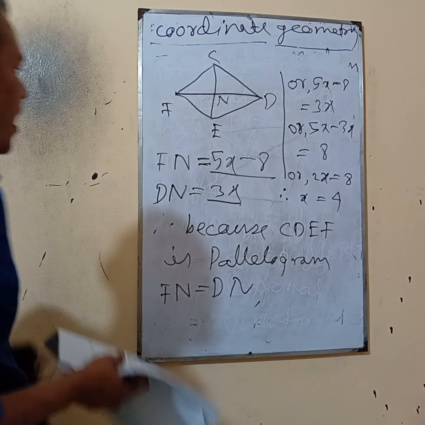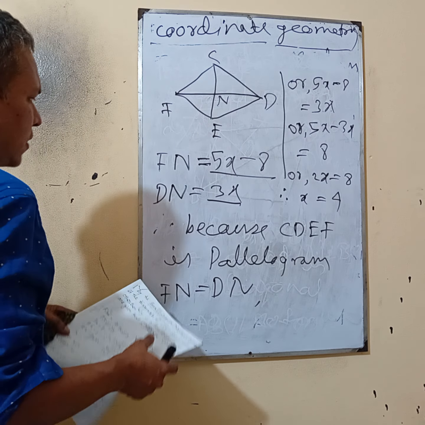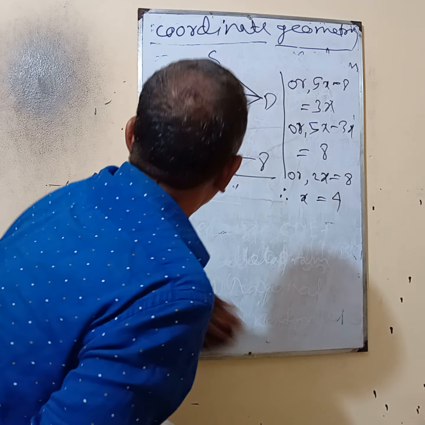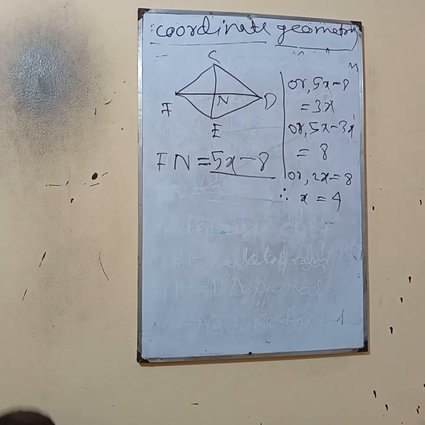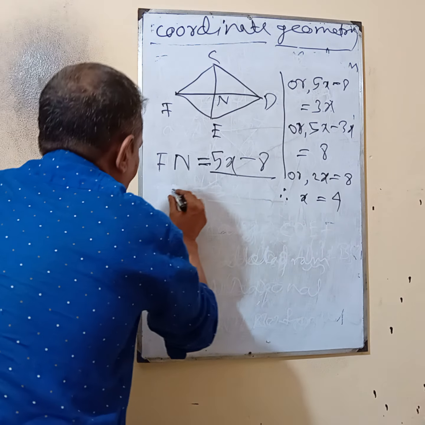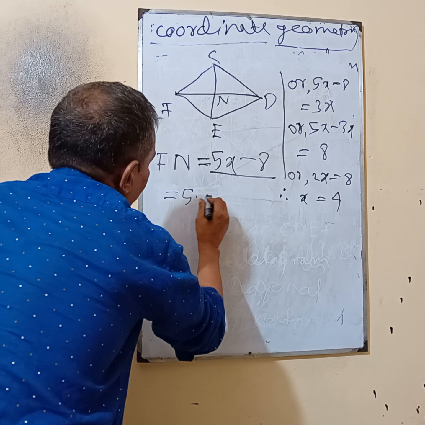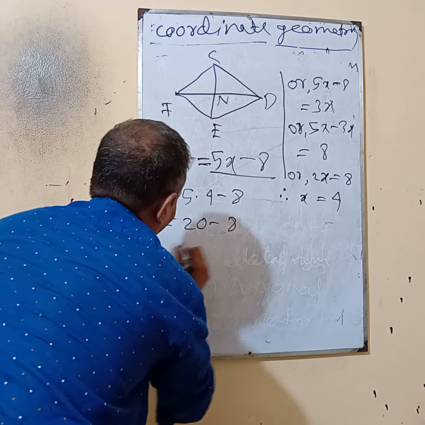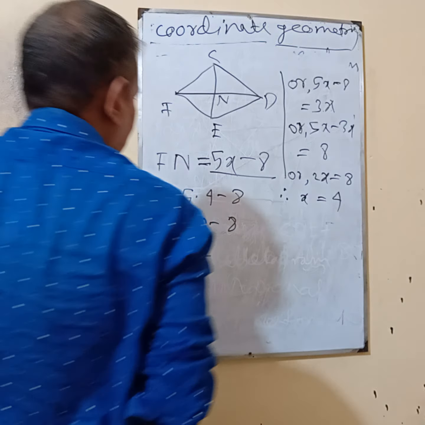Now what is FN? With x equal to 4, FN is equal to 5 into 4 minus 8, which is 20 minus 8, equal to 12.